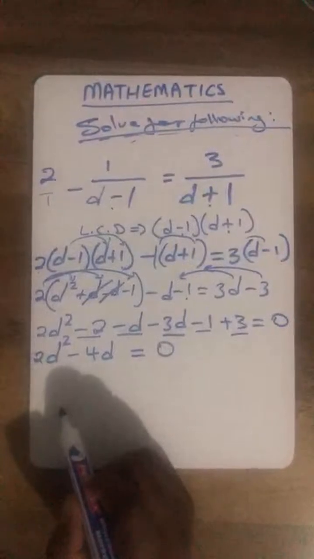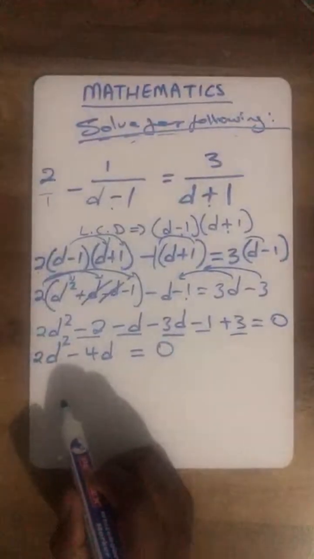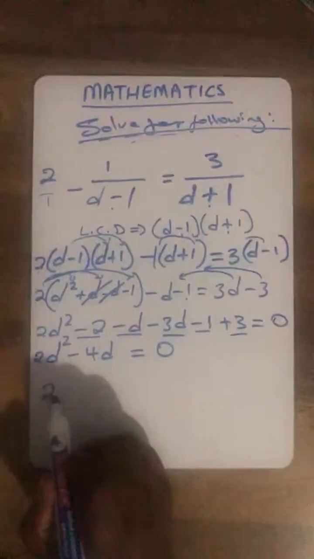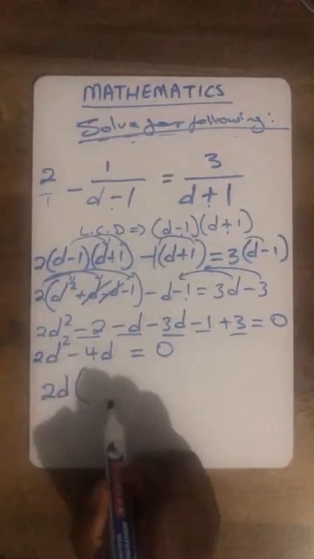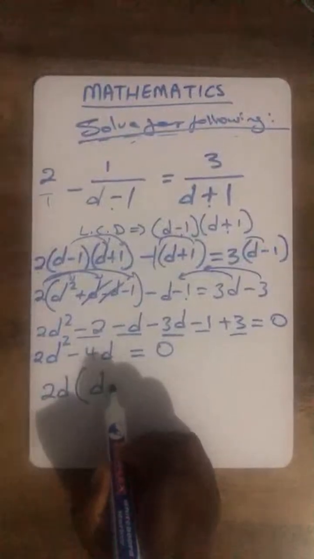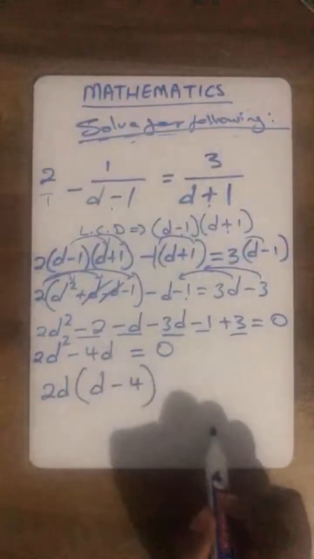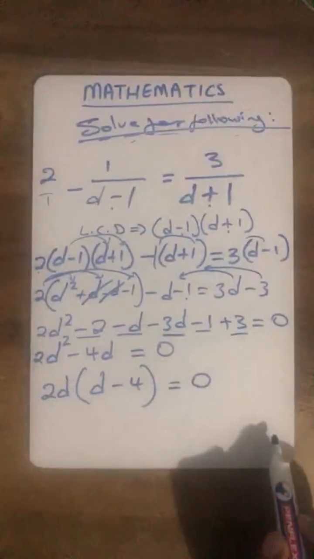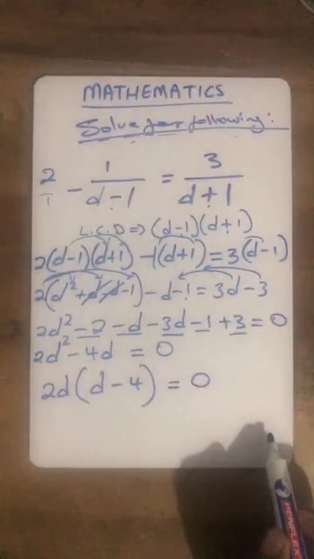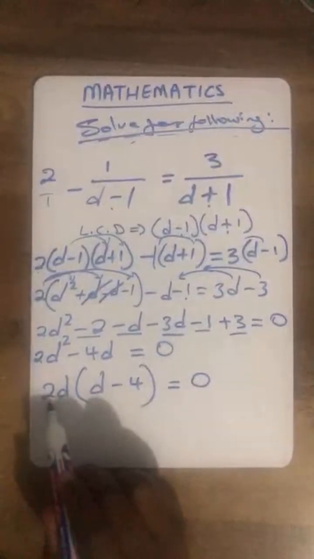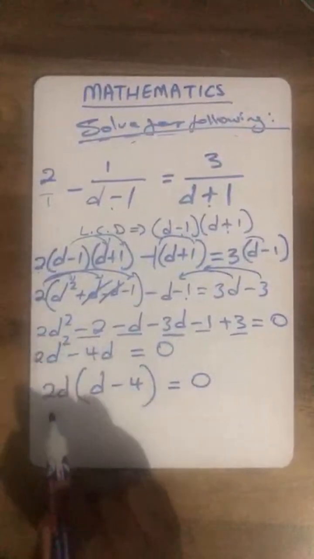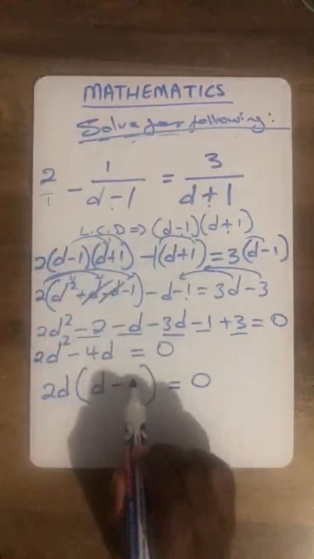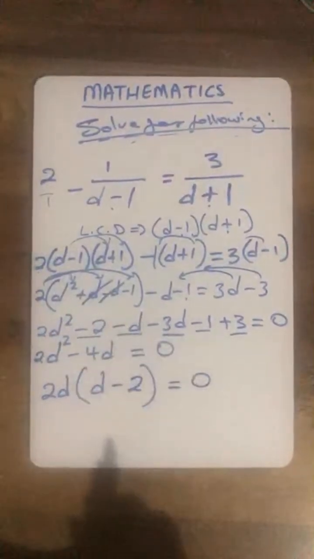Okay, so now we can take out something as common factor, it seems. How about we take out a 2D as common factor? Then we'll remain with D minus a 4, which is then equals to 0. Yes, because if you say that times that, takes you back to there. If you say that times that, oh yes, no, here it has to be a 2 and not 4.